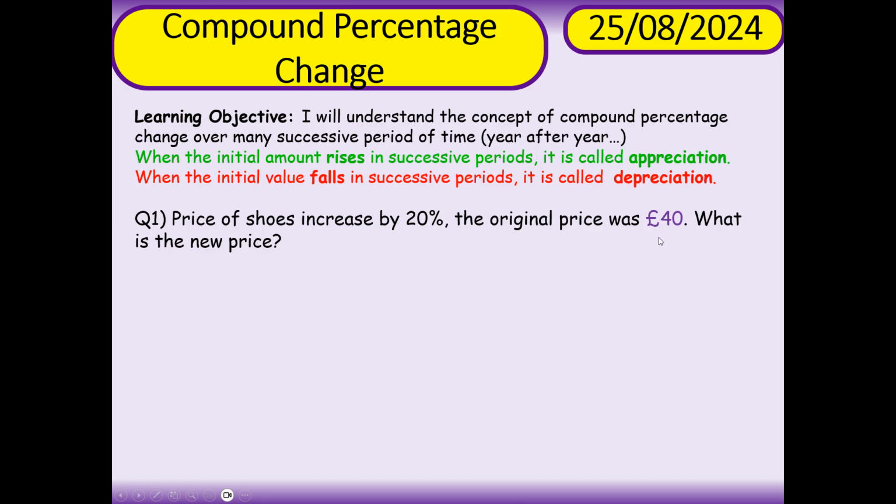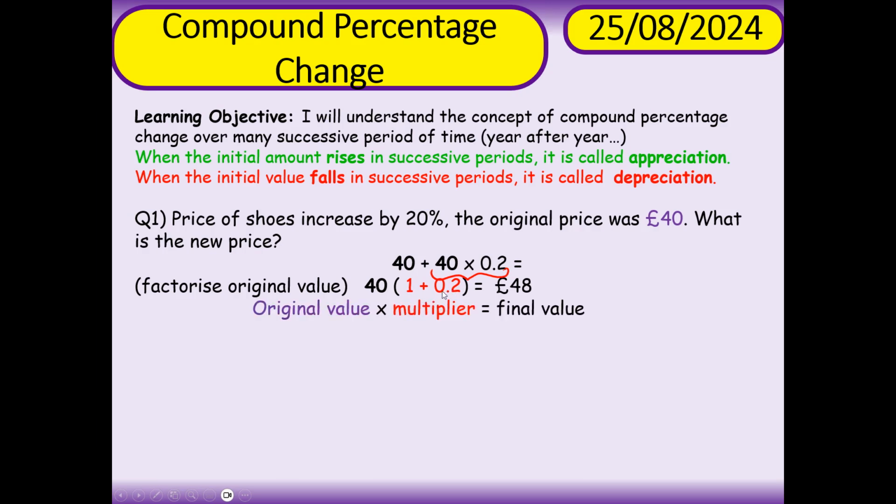Let's say the original price of the shoes was £40. You ask, what's the 20% as a decimal number? I need to add that as a multiplier. We could factorize the 40 out: 1 plus 0.2, multiplied by 40. So we add to 1 to get the multiplier.